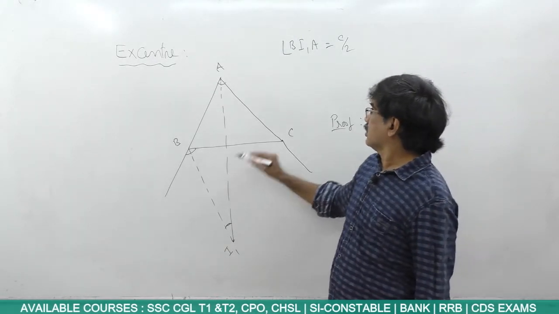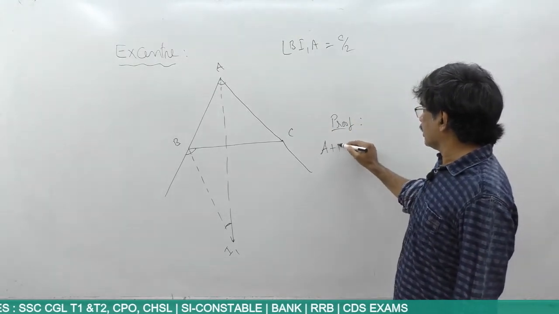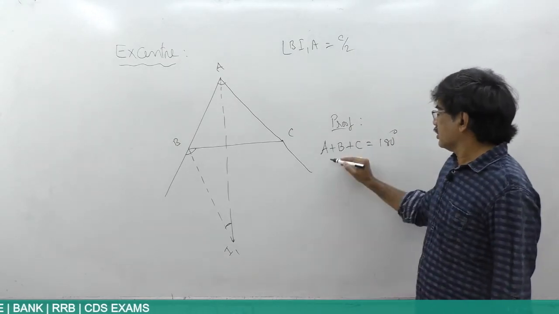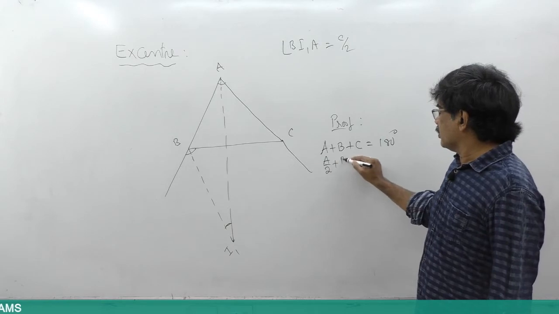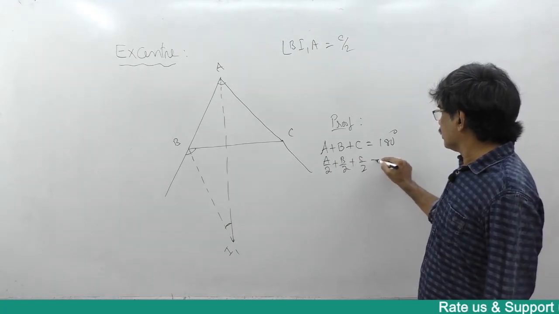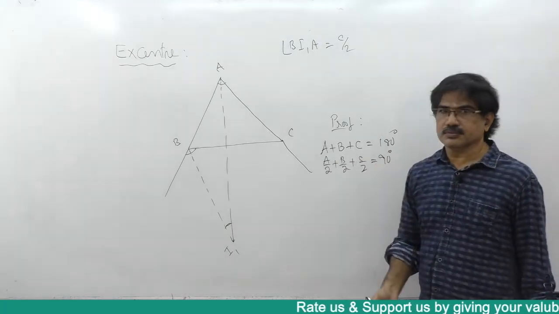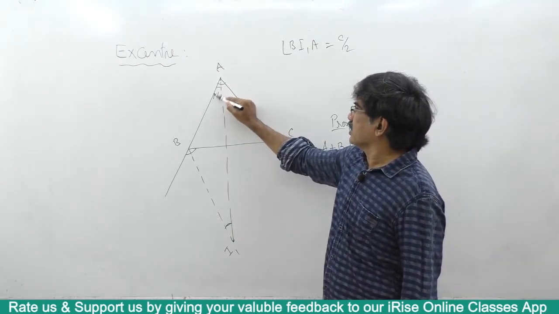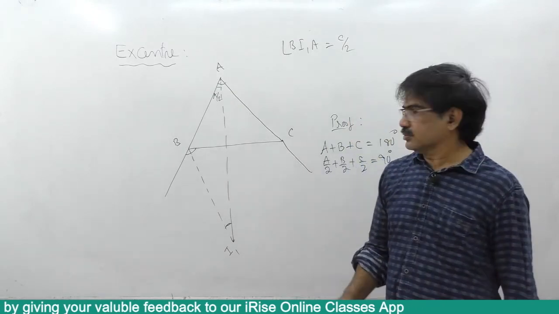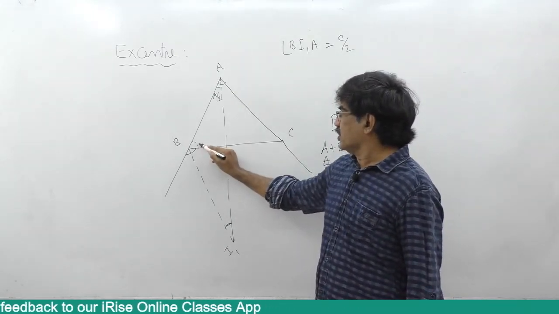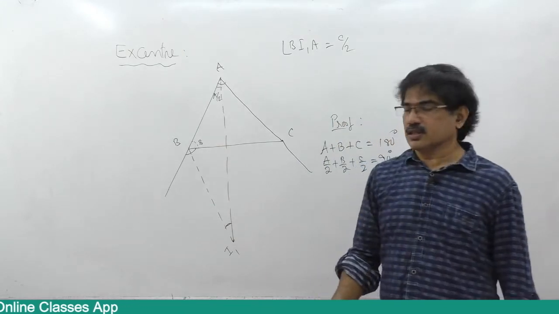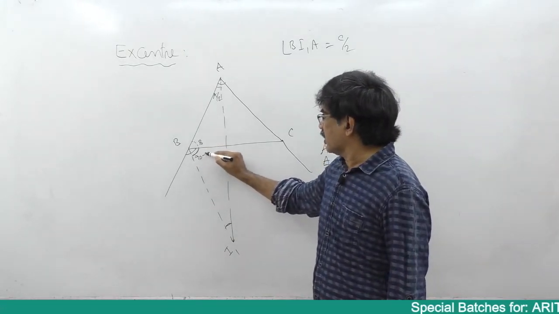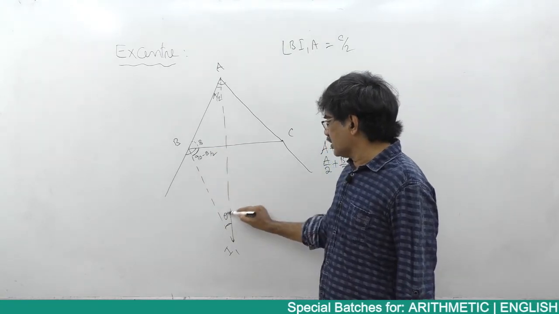Already you know the sum of the three angles A plus B plus C is equal to 180 degrees. A by 2 plus B by 2 plus C by 2 is equal to 90 degrees. Here this total angle is A, half of this angle is A by 2. This angle is B. And this part of the angle is nothing but 90 minus B by 2, and let this be theta.